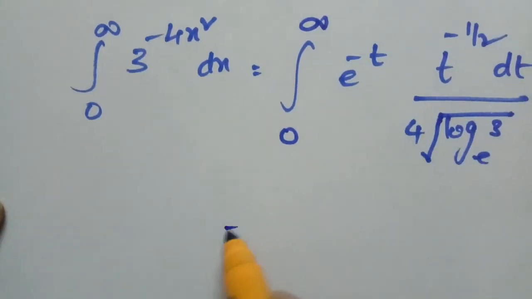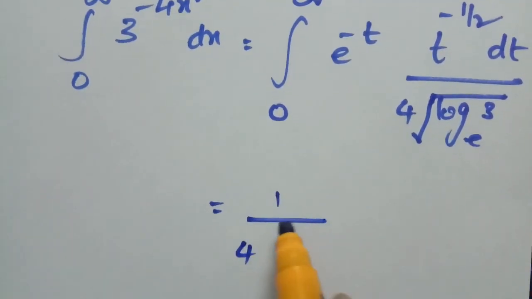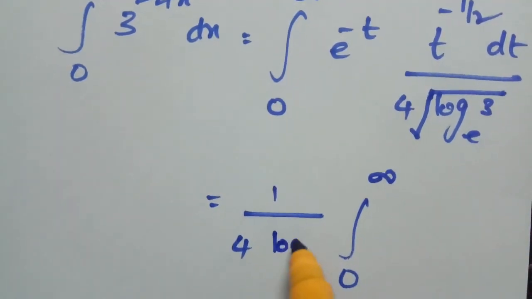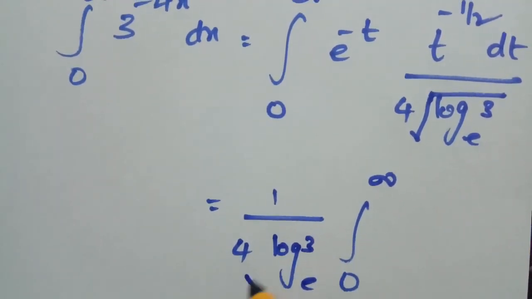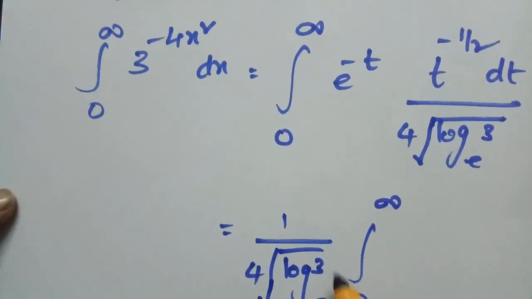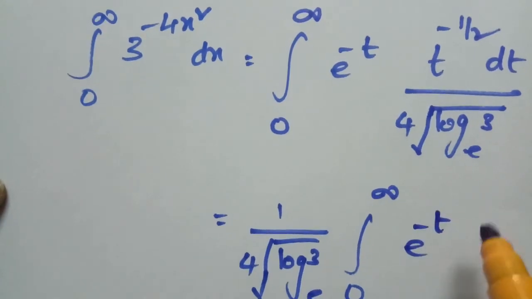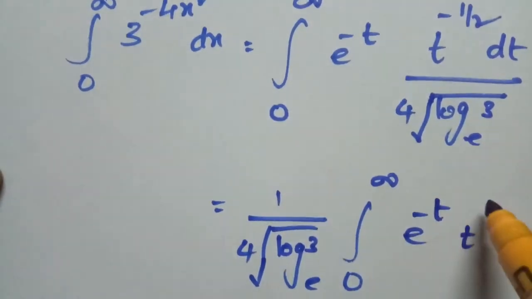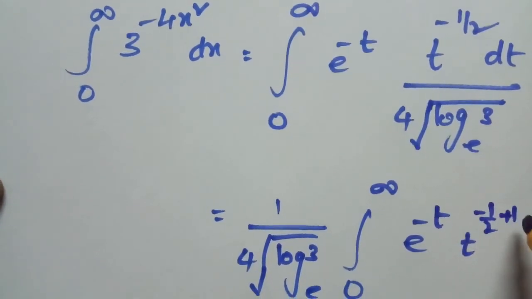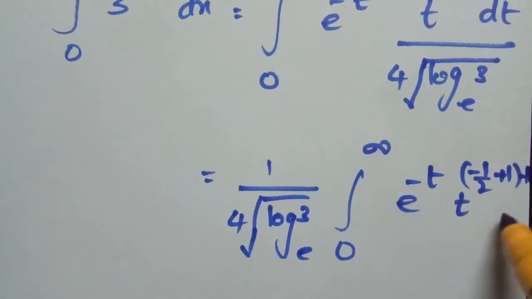This is the integral from 0 to infinity. We are writing the constant outside of the integration: 1 by 4 into square root of log 3 base e, integral 0 to infinity e power minus t, t to the power of, adding and subtracting 1, minus 1 by 2 plus 1 minus 1, dt.